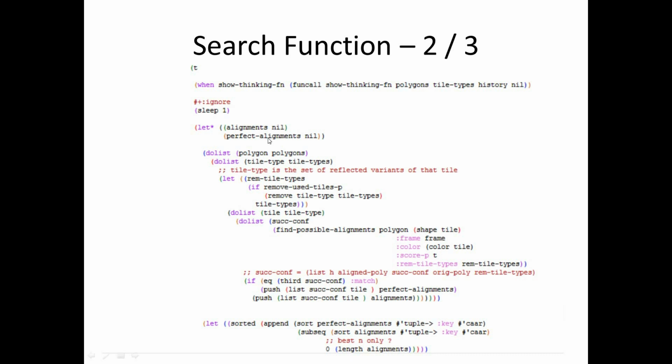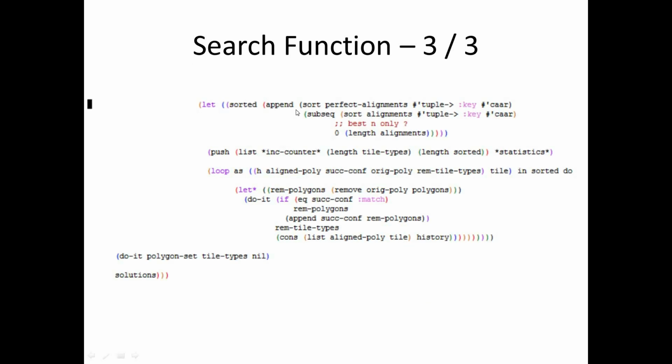For a given configuration, we hence first compute all possible one-step successor configurations and put them into lists. Next, we are sorting these successor configurations in descending order with regard to their heuristic scores for further consideration and expansion of the search space.